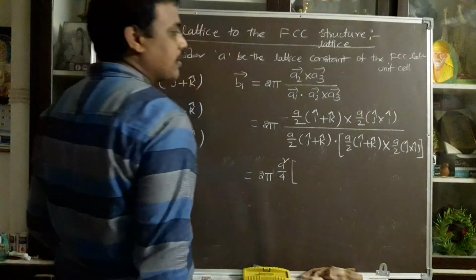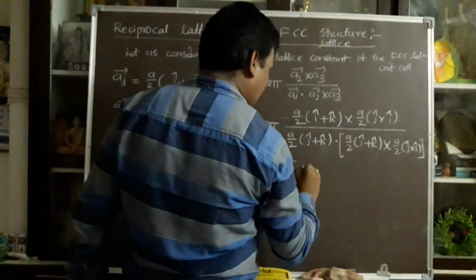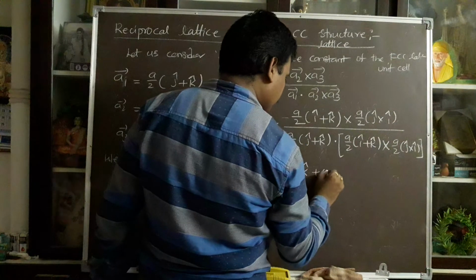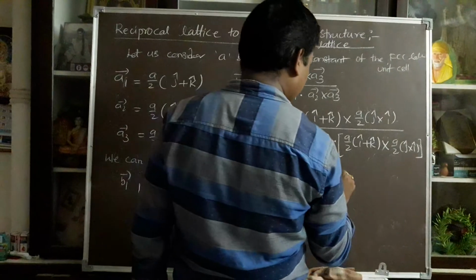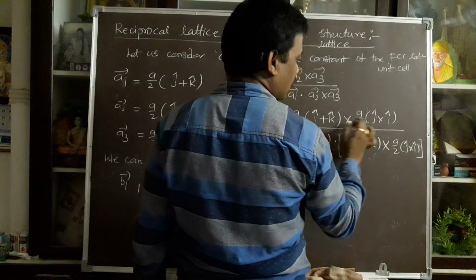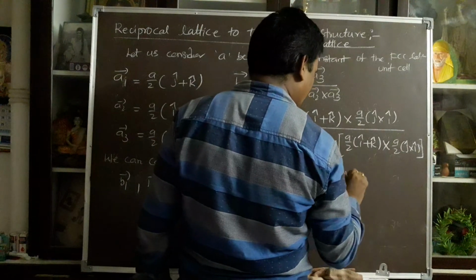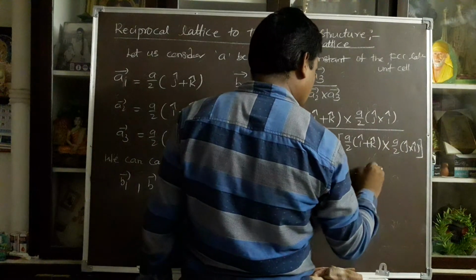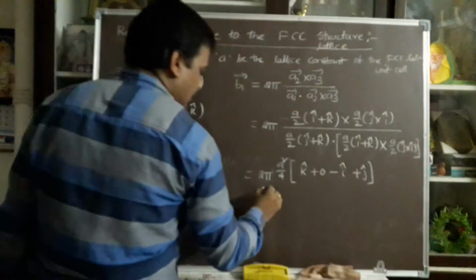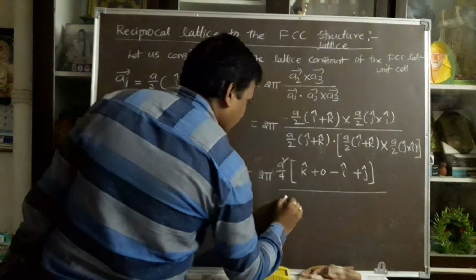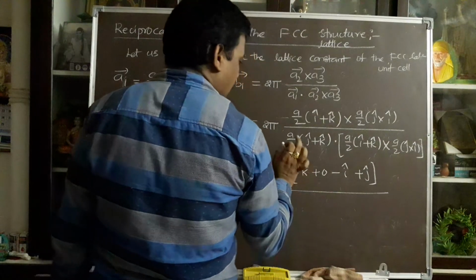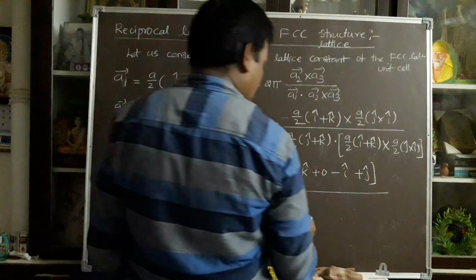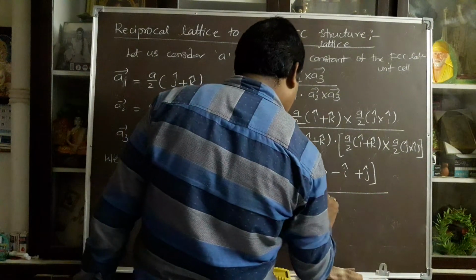We can cross multiply it: i bar cross j bar is k bar, i bar cross i bar is 0, k bar cross j bar is minus i bar, k bar cross i bar is j bar, divided by a cube by 8 into (j bar plus k bar).